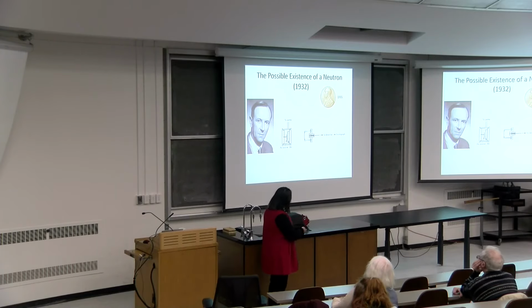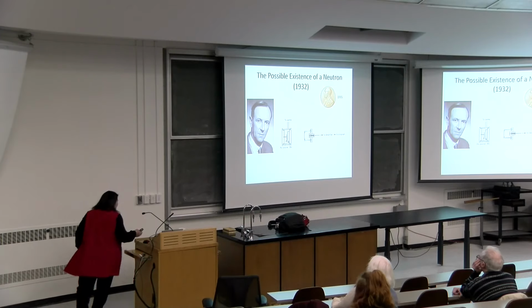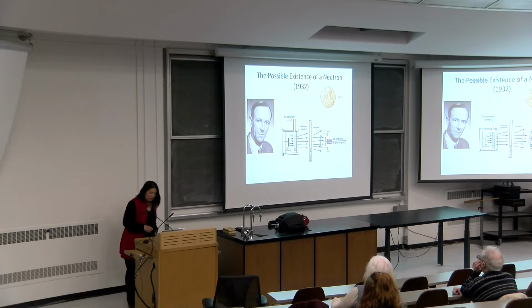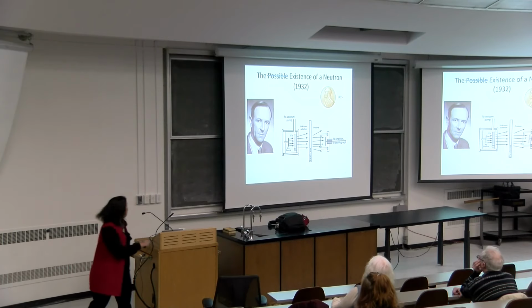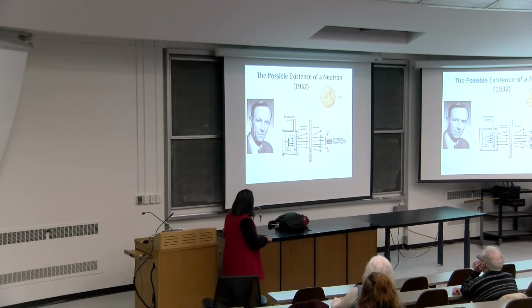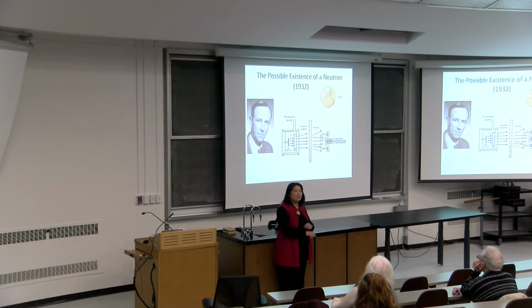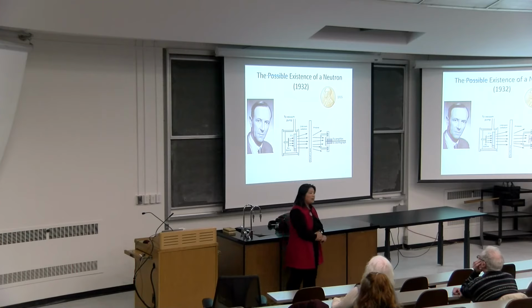Here is another version of the illustration of this very same experiment. Polonium emits alpha particles that bombard beryllium, with some unknown radiation emitted. Following this, one French group, Marie Curie's daughter, Irene Joliot-Curie, and her husband were doing this experiment, and they put in some paraffin wax.